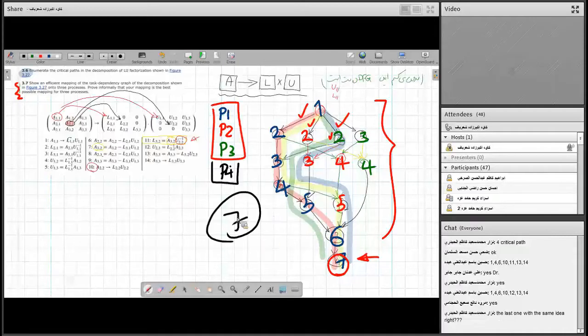We cannot execute this DFT faster than 7.